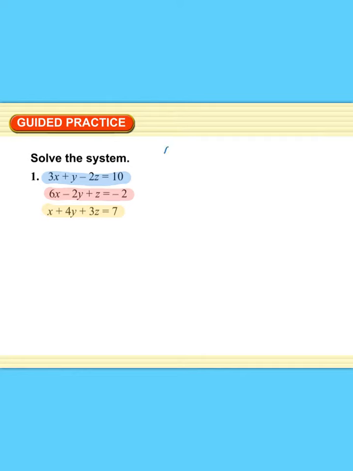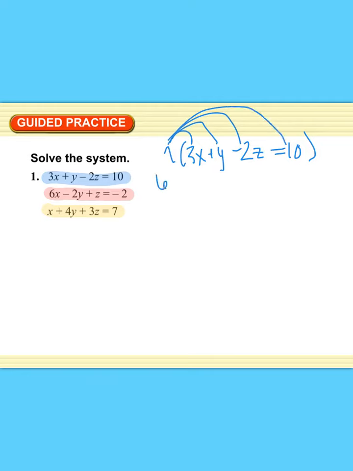So 2 times 3x plus y minus 2z equals 10. And distribute to every single term, and I get 6x plus 2y minus 4z equals 20.